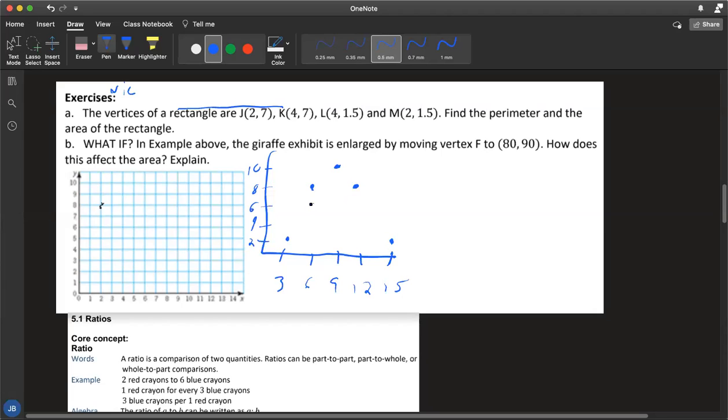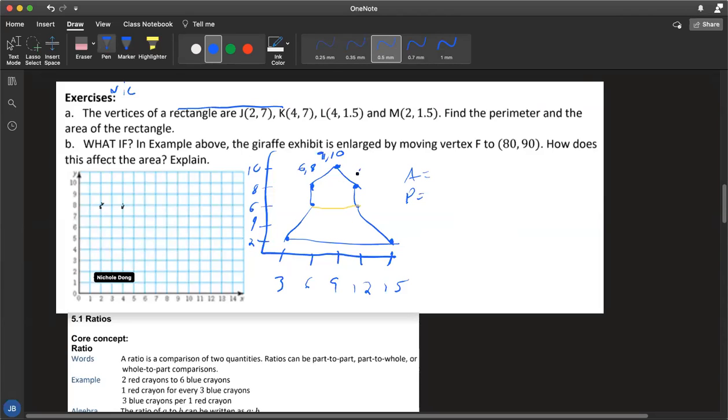Let's see here. So here's what we'll do. All right. That's your shape. Find the area and the perimeter. Okay. So right here, we have 9, 10. Here we have 6, 8.